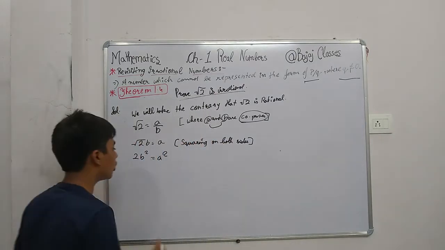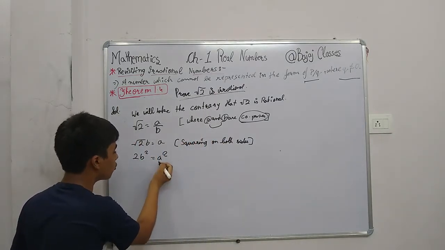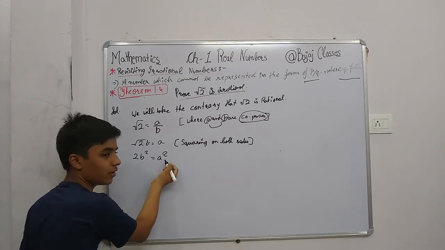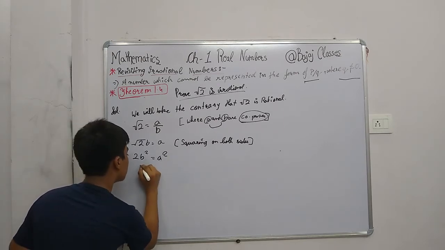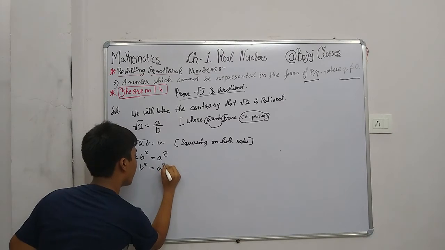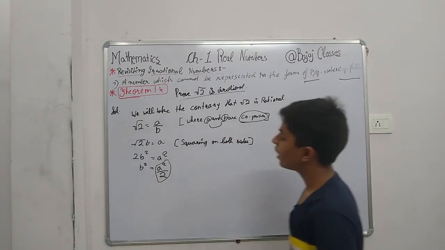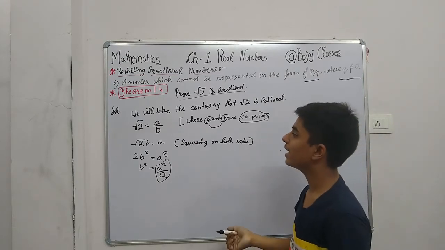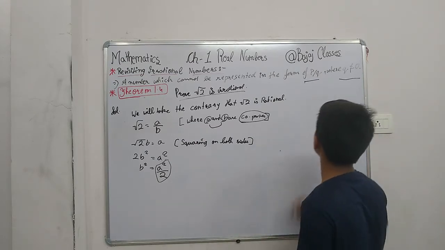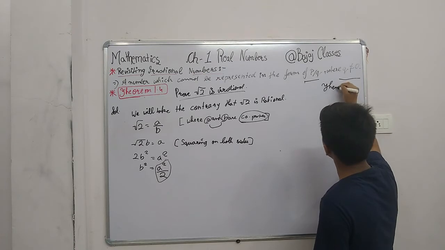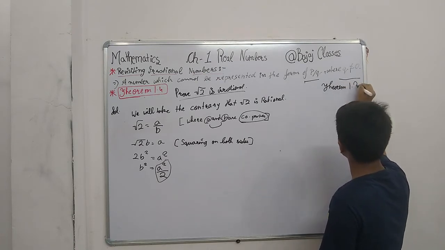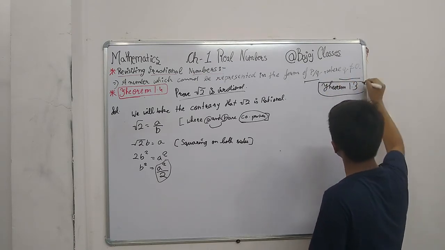So now what will happen? We take this 2 to the other side, dividing it by a square. So b square equals a square by 2. Now you can get this if you remember theorem 1.3, which I have read in this lecture.